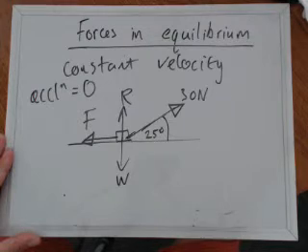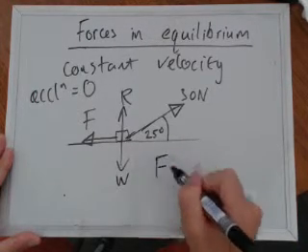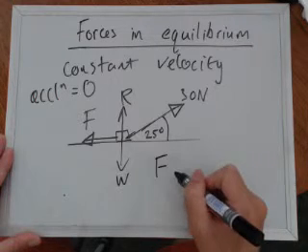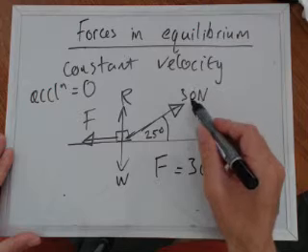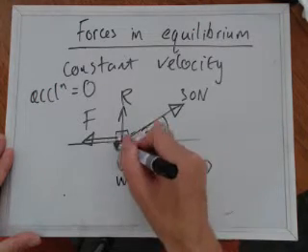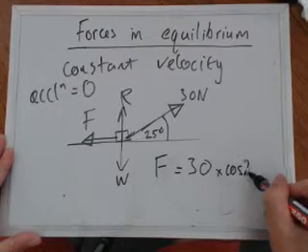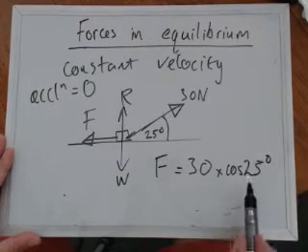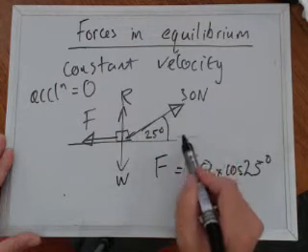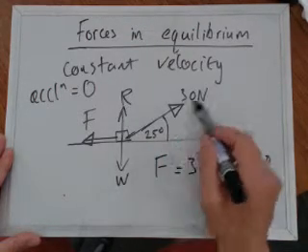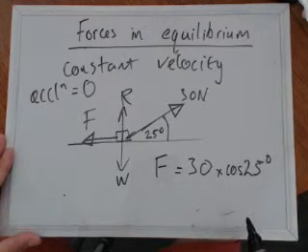So what we could write is that, to balance, the magnitude of F is equal to the component of the 30 newtons in that direction, so it'll be 30 times the cosine of 25. You remember in vectors, it's the cosine of the angle times the force that gives us the component, so the friction is 30 times cos 25.